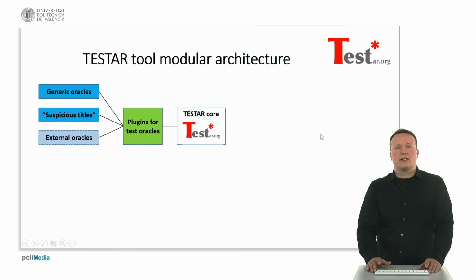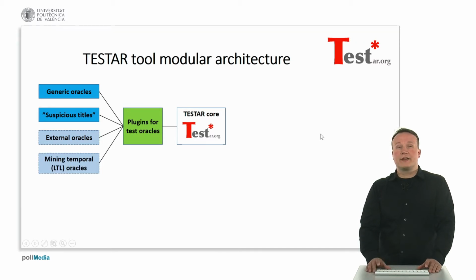One way to do that is using a graph database, which is basically collecting a state model of the observed behavior of the UI, and afterwards you can make queries to find some specific behavior that you think is not correct. Then there is ongoing research for mining possible temporal oracles specified in LTL, which is basically a similar thing to the external oracles, but mainly done afterwards from the graph database.